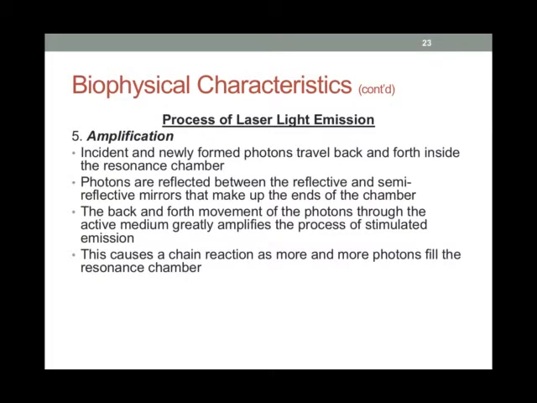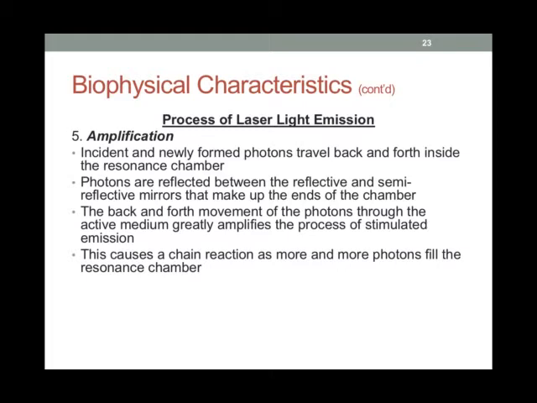And now this is the fifth step of the process of creating a laser, which is amplification. What that means is that the incident and the newly formed photons traveling back and forth inside the resonance chamber are being reflected between the two mirror surfaces. Because there are so many of them, that greatly amplifies the process of stimulated emission.